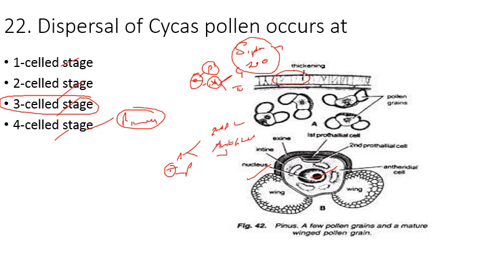This antheridial cell divides further and forms one tube cell and another generative cell. So we have a total of 4 cells: the first prothallial cell and second prothallial cell, the next cell is the tube cell and the fourth one is the generative cell. So at 4 cell stage, the pollen grain of Pinus is released.